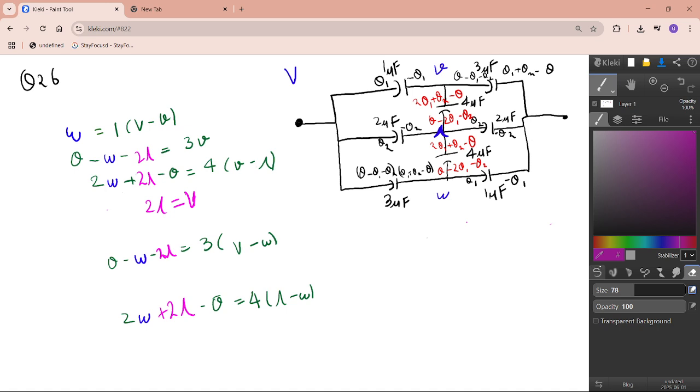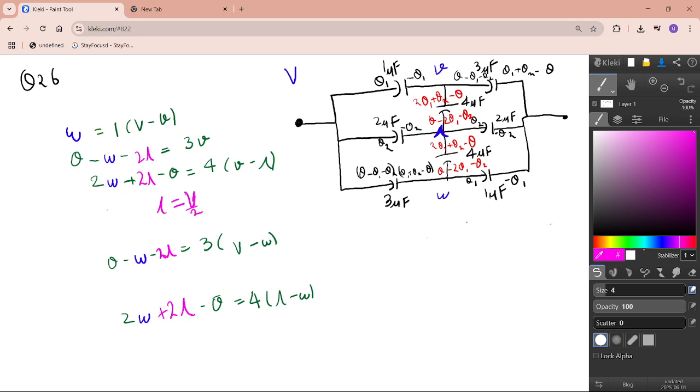So we need to find the relation between V and Q. In 2 lambda is equal to V, we will not replace V by 2 lambda, because at the end we need a relation between capital V and Q. So I'll prefer to replace lambda everywhere by V by 2.